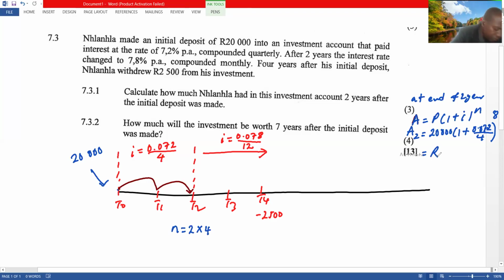So let's do the calculation. We'll have 20,000 into 1 plus 0.072 divided by 4, everything to the power of 8.